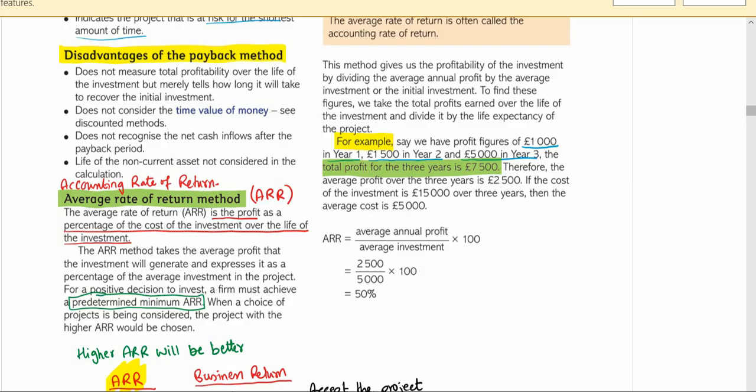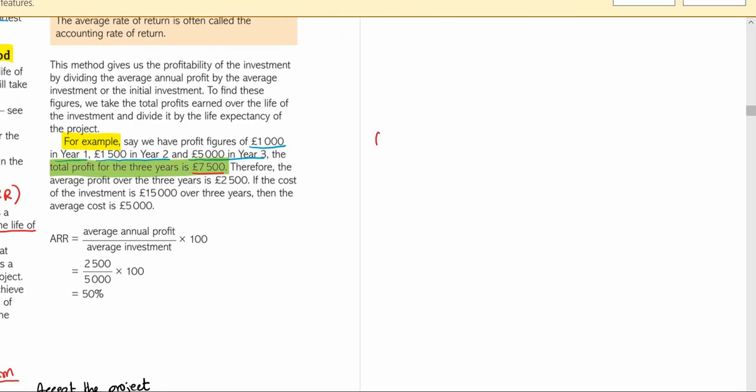Okay, so how did I get the average profit of 2500, can you tell me? For the calculation of average profit, the formula to calculate an average is the sum of all the values divided by their number.